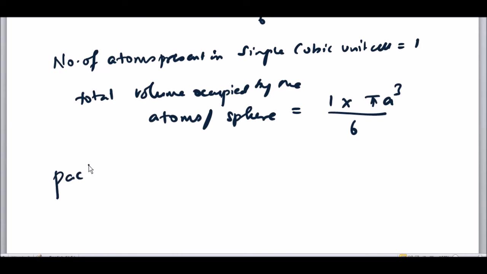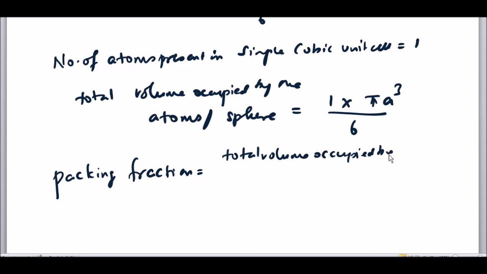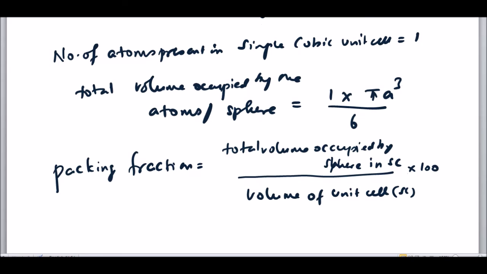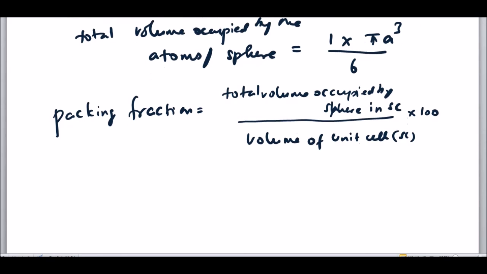Now the packing fraction, also known as packing efficiency, is equal to the total volume which is occupied by the spheres in the simple cubic unit cell, divided by the volume of the unit cell, into 100. Just substitute the values in this particular relationship.